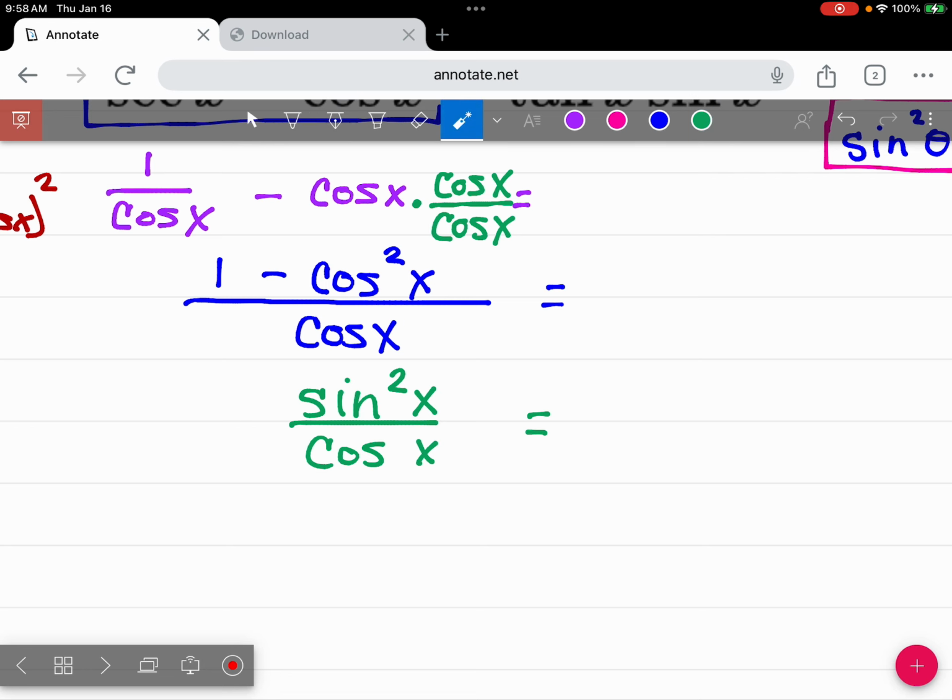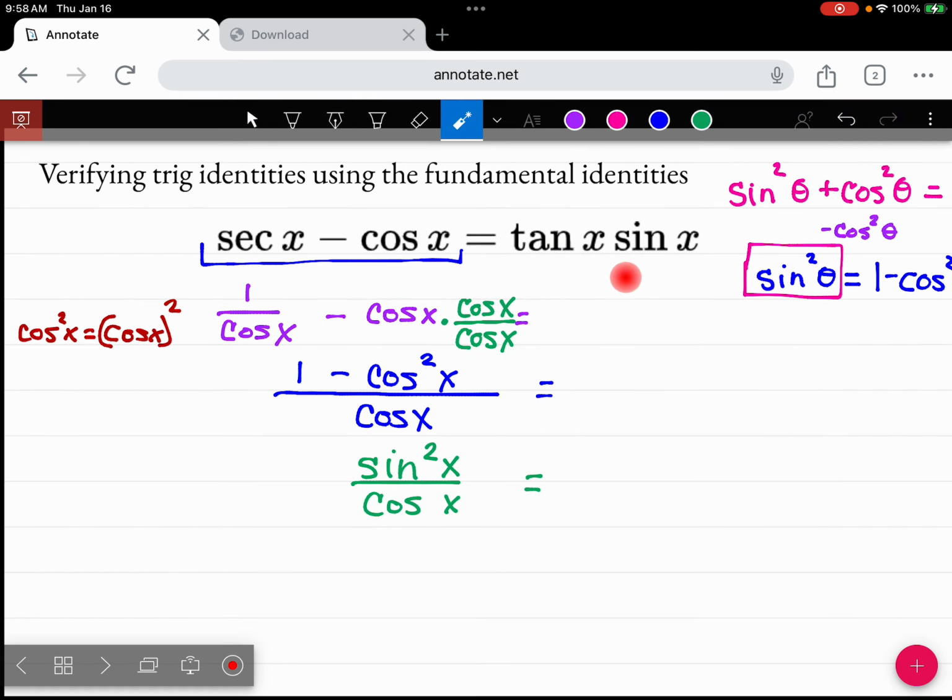We just need to figure out how we get to something like this. Because sine squared, remember, cosine squared is the same thing as if I had cosine of x squared. Squared means times itself.